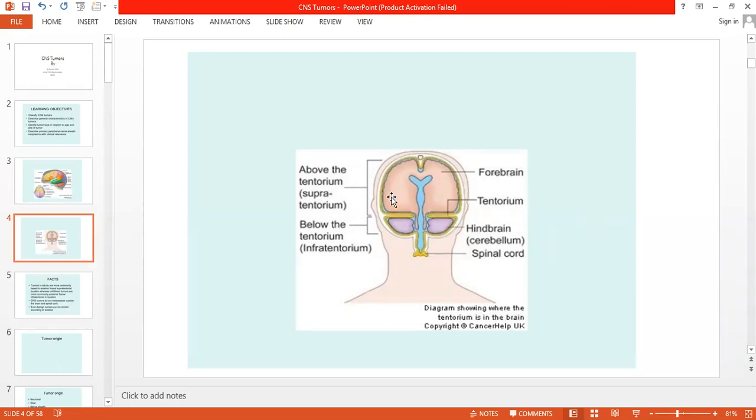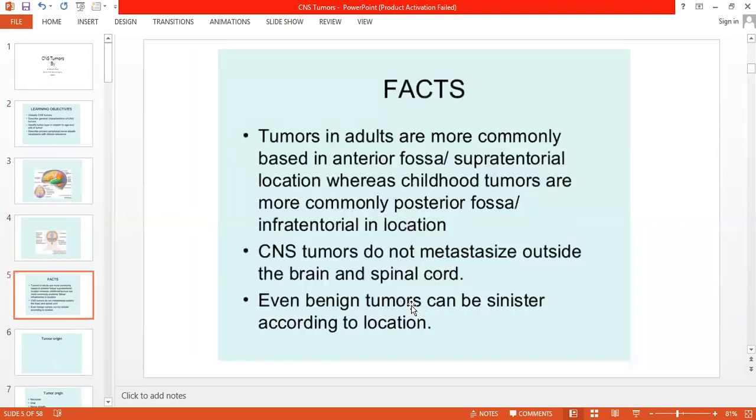In other words, this is the supratentorial part and this is the infratentorial part of the brain. Tumors in adults are more commonly located in the anterior fossa or supratentorial location, whereas childhood tumors are usually more commonly in the posterior fossa and infratentorial location, and they're mostly highly malignant tumors of childhood.